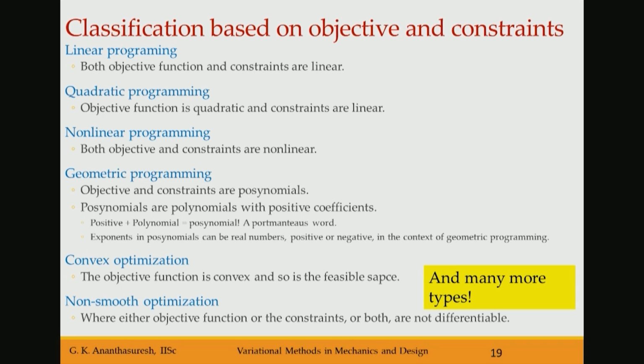There is something called quadratic programming, where your objective function is quadratic. That means that it will have terms like x1 square, x2 square or x1 x2, things like that. They are all quadratic. Okay. But constraints are still linear in a quadratic programming problem. The word programming itself is not computer programming, although optimization problems are solved using computers.